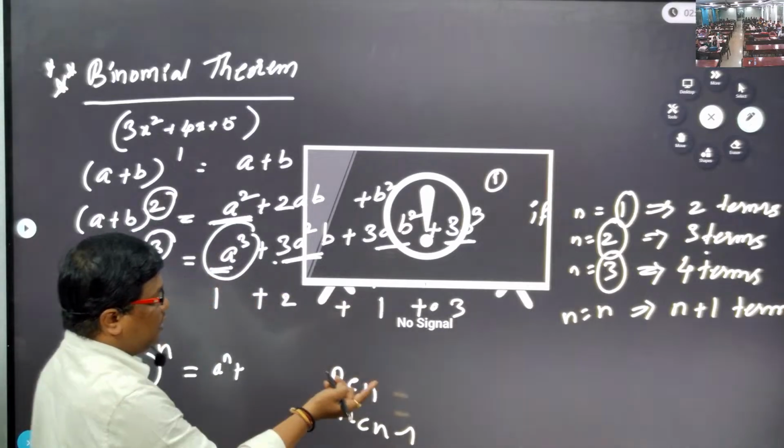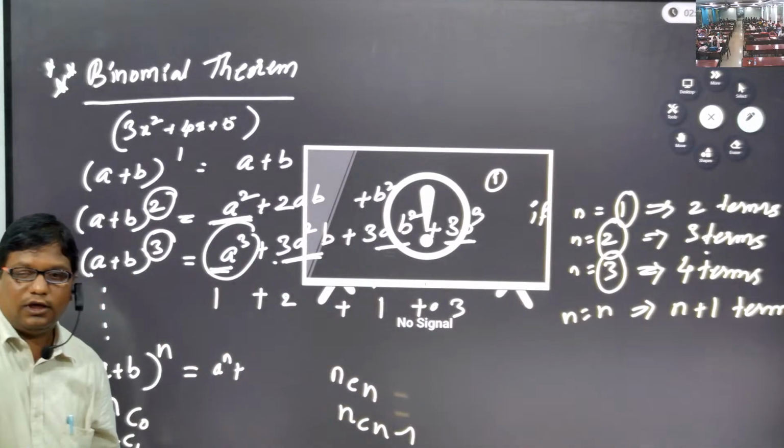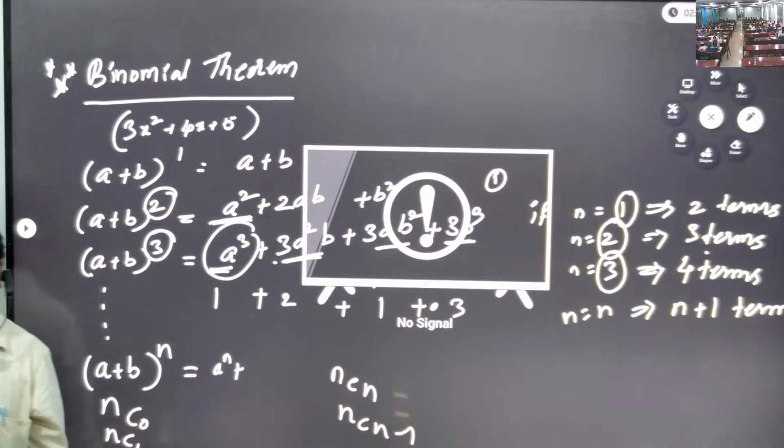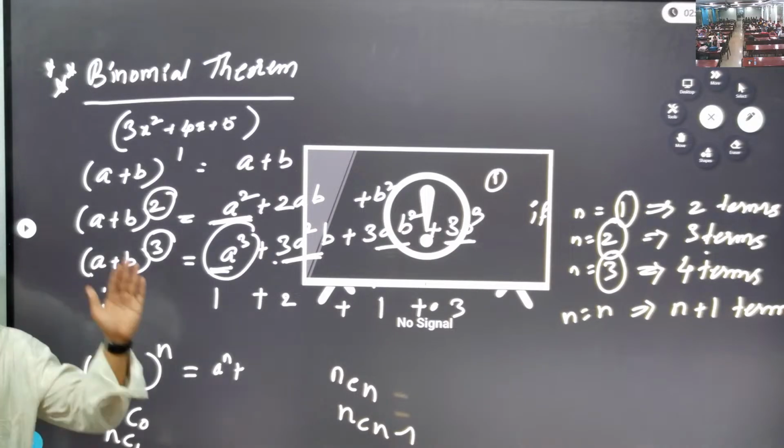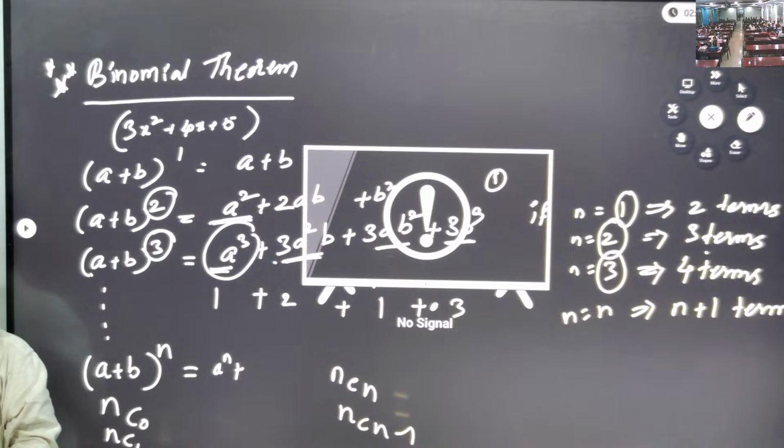So which values are giving us equal coefficients from left to right and right to left? Which two values will be equal?